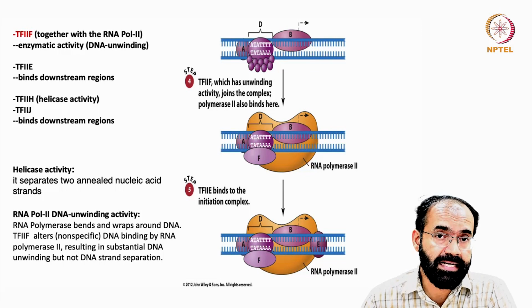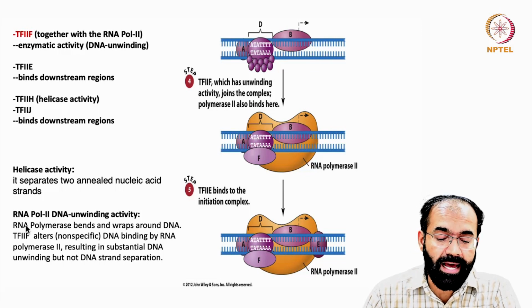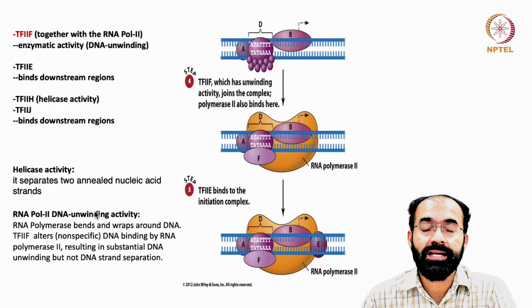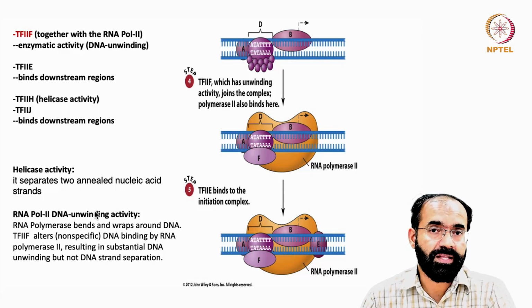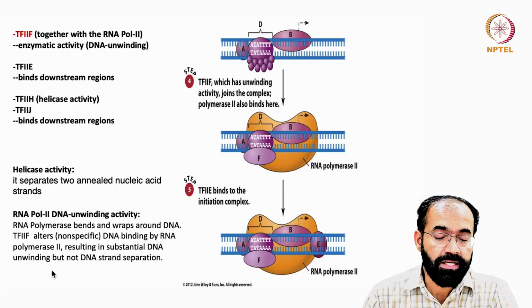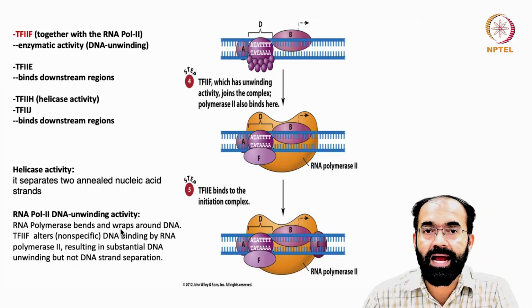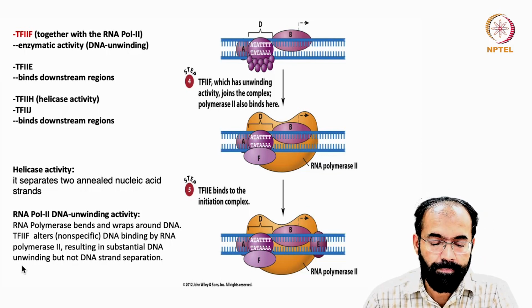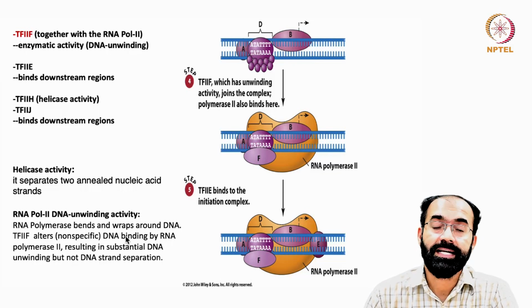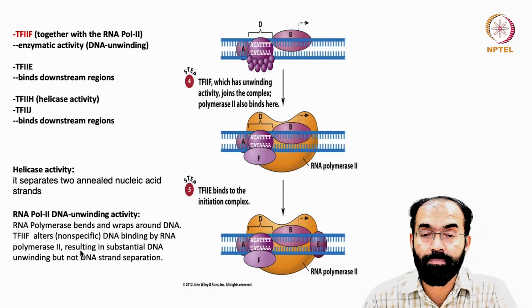RNA copy from a DNA template. So RNA polymerase II has to have the unwinding activity, and then upstream of that it has to continue with the rewinding of the opened up DNA double helix. So RNA polymerase bends and wraps the DNA, and TF2F alters the non-specific DNA binding by RNA polymerase II.